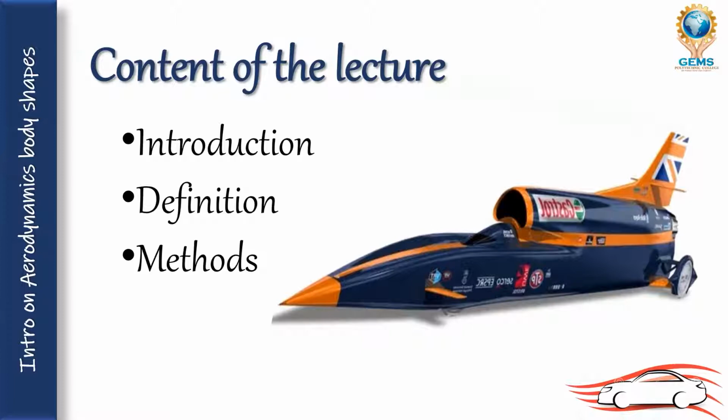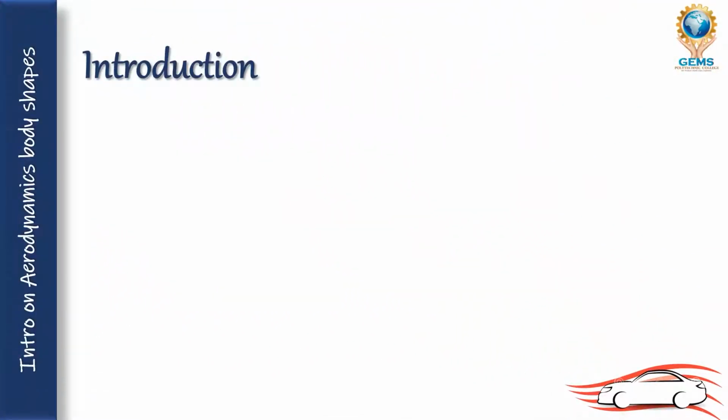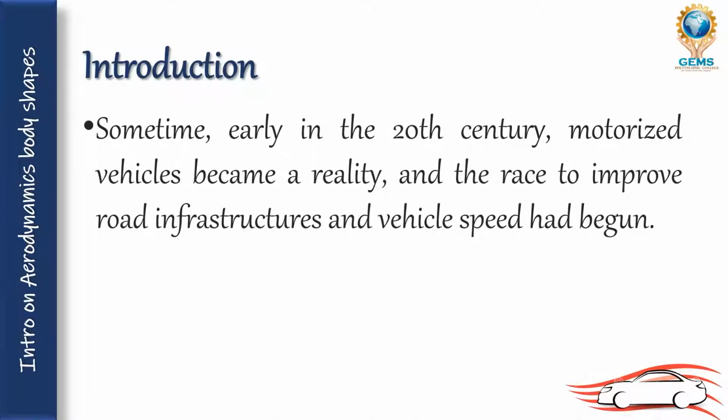First one is the introduction. The first point is that sometime early in the 20th century, if you look at vehicles, there were no sharp edges at the front. The vehicle became a reality, and the race to improve road infrastructure and vehicle speed had begun.